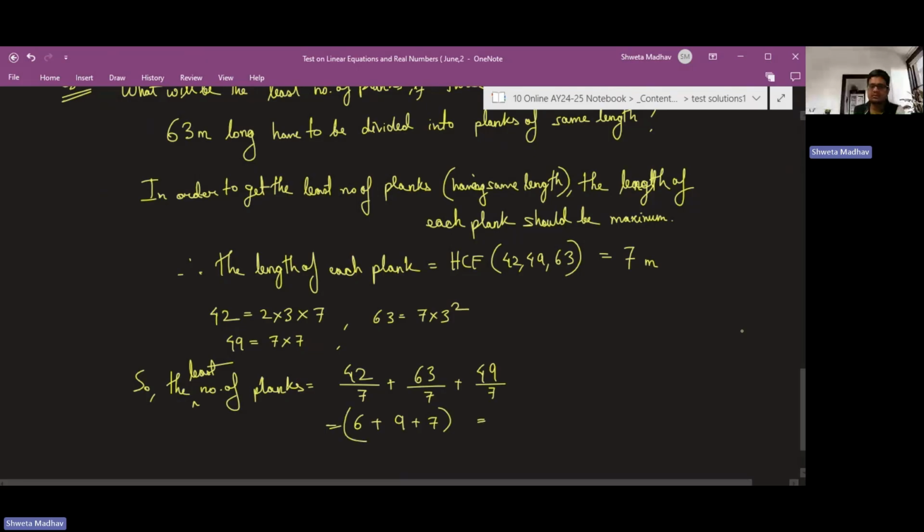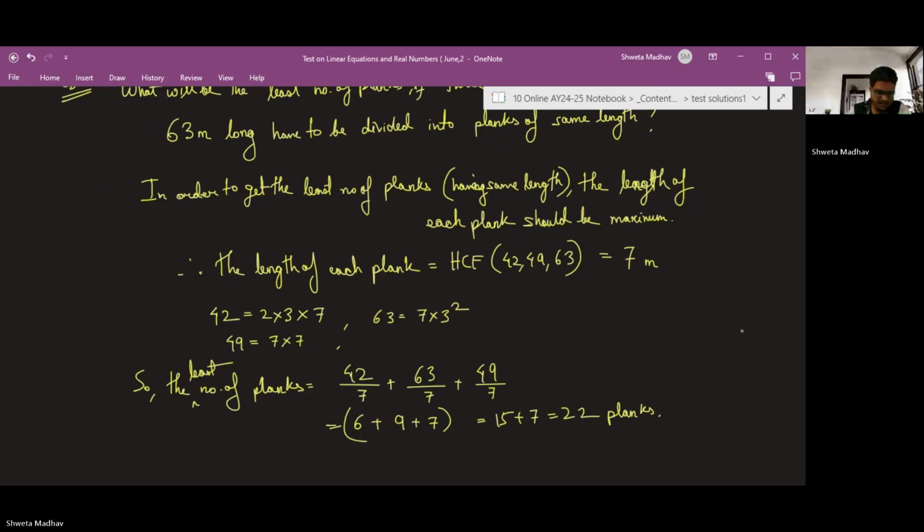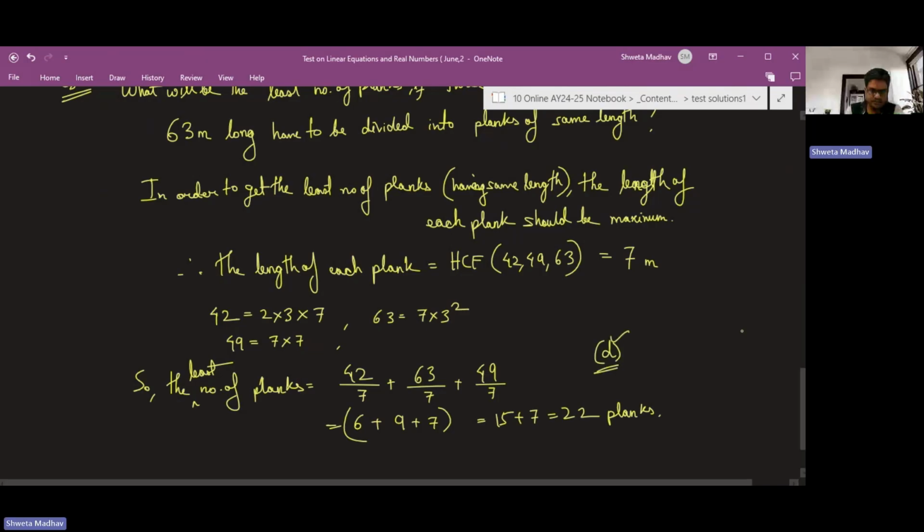So this will be 6 plus 9, that is 15, 15 plus 7, that is 22 planks. 22 planks I can get. So option D is the correct answer. 22 planks is the least number of planks.